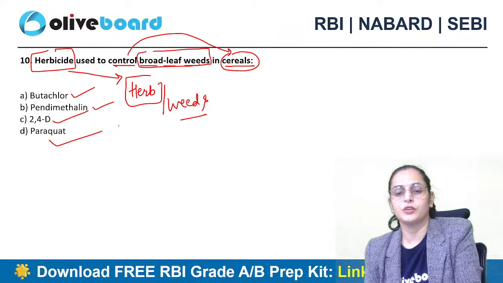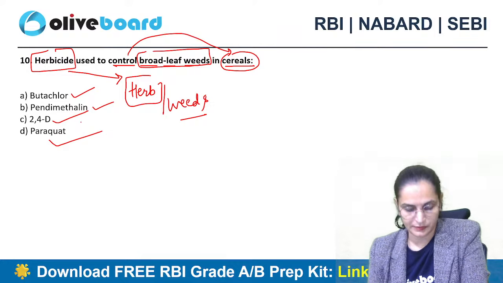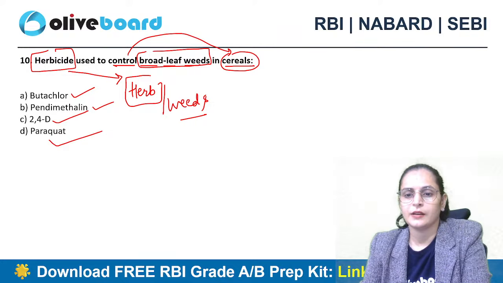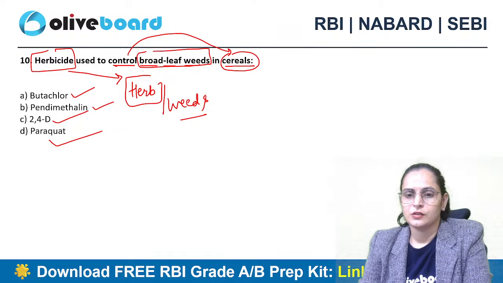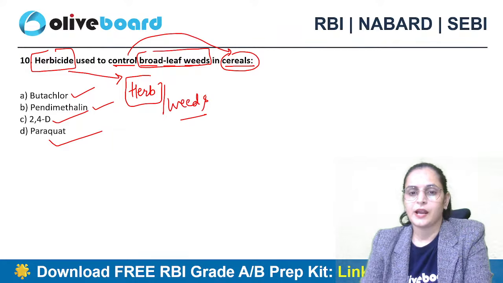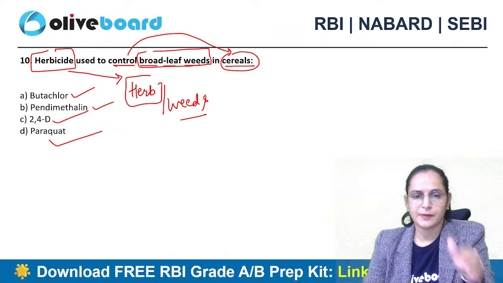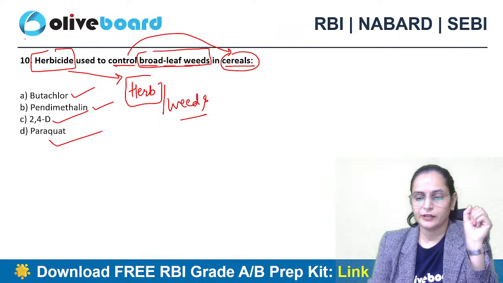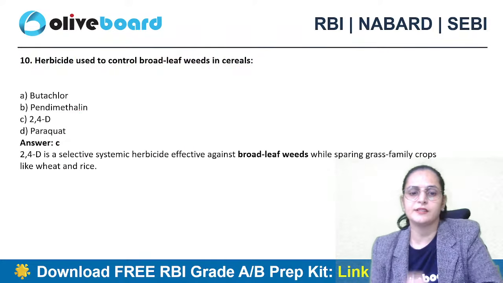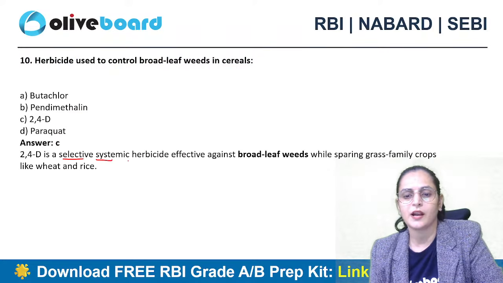Control the broad-leaved weeds. The 10th question is there on the screen. As we are mentioning, we have a broad-leaved weed, so we need a specific herbicide to control it, and that will be 2,4-D. It is a selective systemic herbicide.